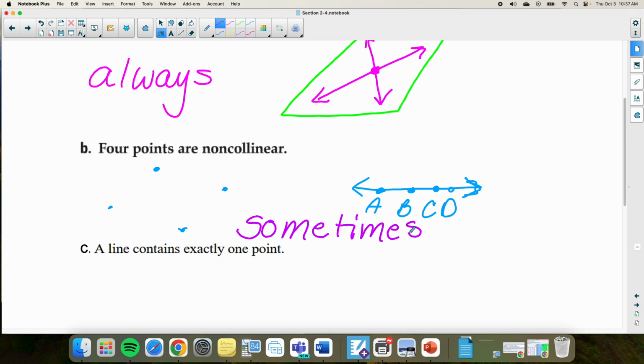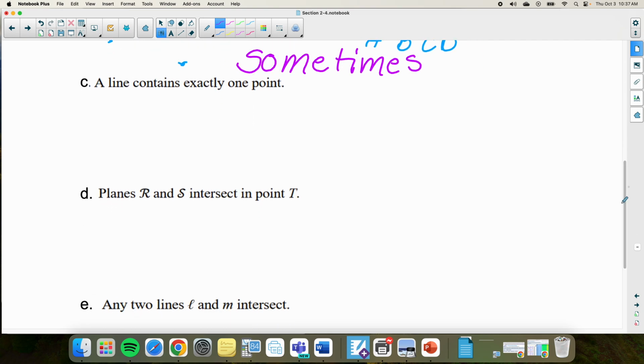Okay. This one says a line contains exactly 1 point. How many points does a line contain? At least 2, right? So what would this be? Never, okay? Because a line has to contain at least 2.